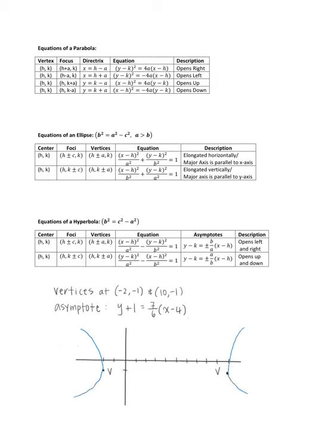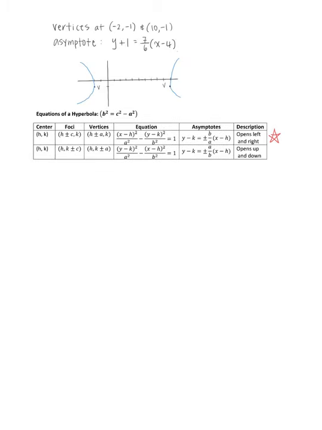So what we're looking at is this first equation here. Now let me just go to the next page. Since we're given the vertices, and look at the formula, if the hyperbola opens left and right, here is the formula.